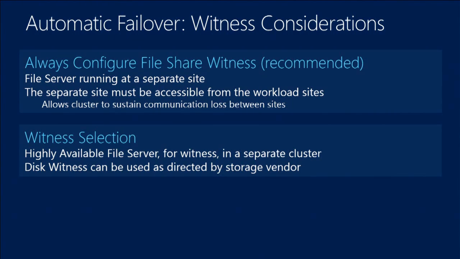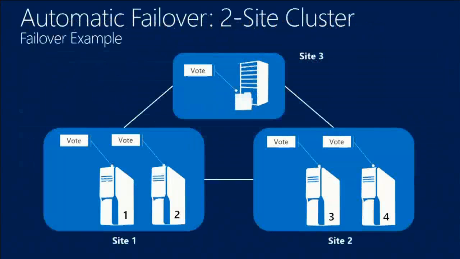I don't know if they still have it, but the cluster requires read-write access to the LUN that is going to be used as a disk witness, and so on both the sites you want read-write access. Typically on a multi-site cluster you have replicated storage, and so you have read-write access on one site and a read-only access on the other, and so that configuration is not supported to be configured as a disk witness, and so that's where configuring a file share witness becomes a lot more important for multi-site clusters.